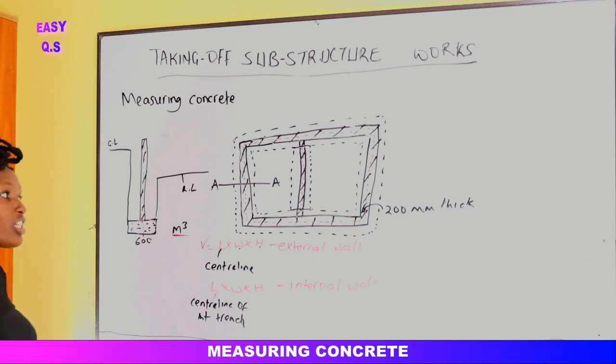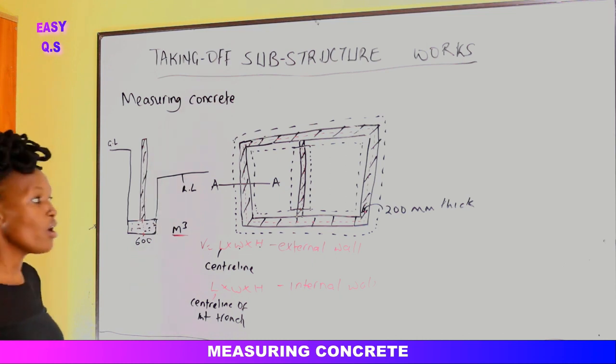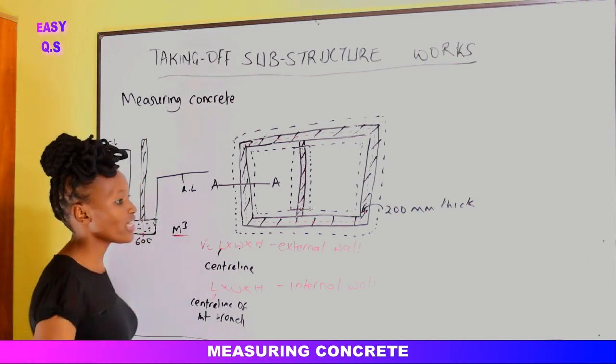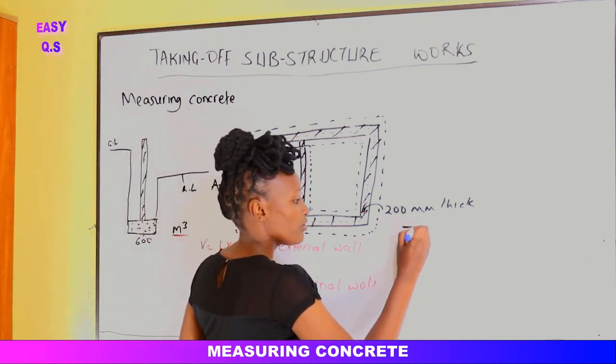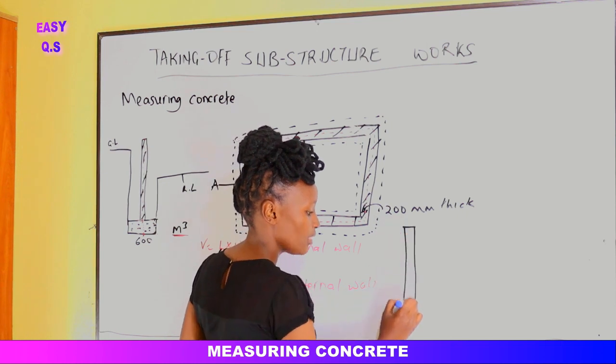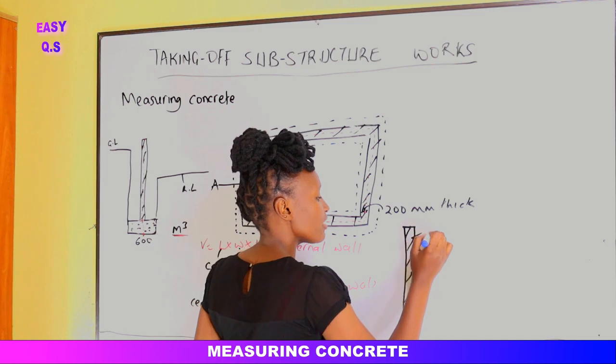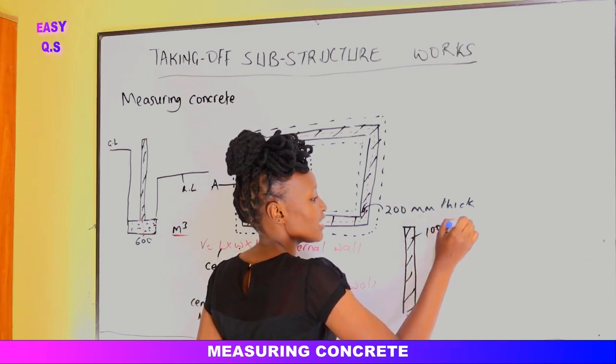So it shall go depending on the sizes of the wall. Maybe in this case the wall was smaller. You could find that this wall here, you're told that it's an internal wall, so it's 100 millimeters thick.